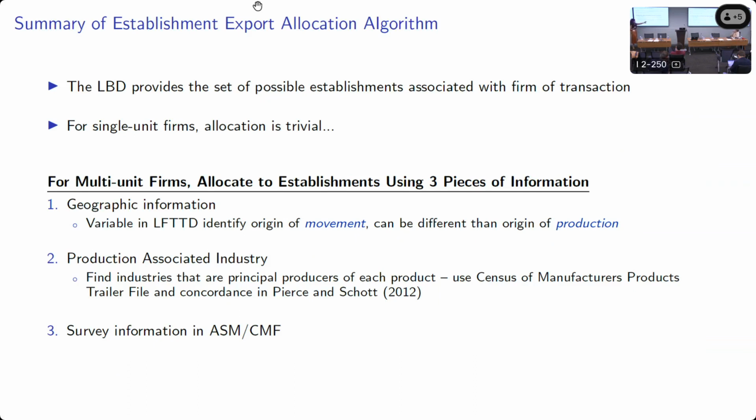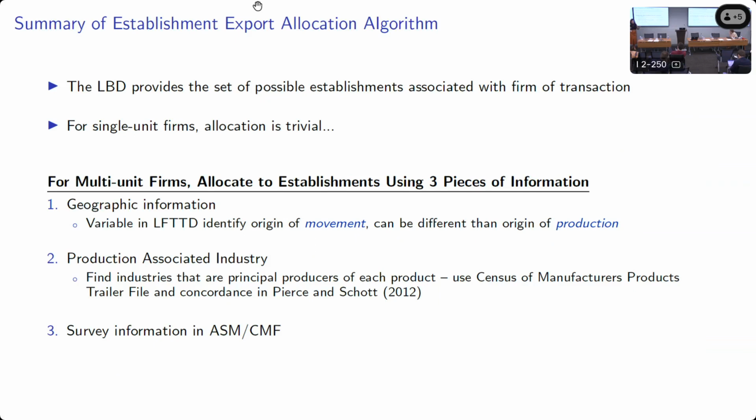This only exists in census years, and it's pretty noisy because establishments might list 10 products and then list a nonsense product. That kind of stuff can happen. But we can take that together with information on the establishment's industry and construct the likely industries that are principal producers of particular products.